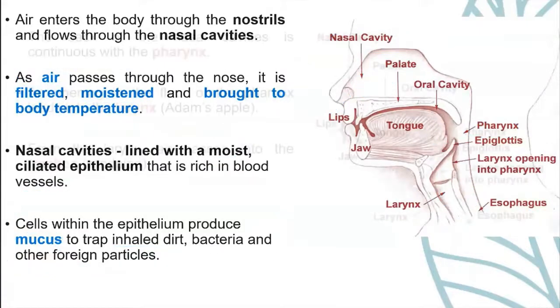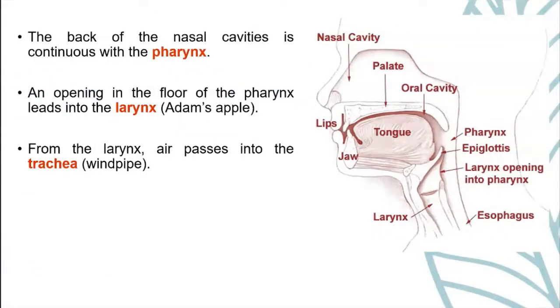Okay, so next, the back of the nasal cavity is continuous with the pharynx lah, yang saya cakap tadi. So pharynx, okay, kat sini junction between respiratory and also digestive system. Okay, so because we are looking at respiratory system, from pharynx it enters into the next part, which is the larynx. Okay, an opening in the floor of the pharynx leads to the larynx, which is the Adam's apple or your voice box.